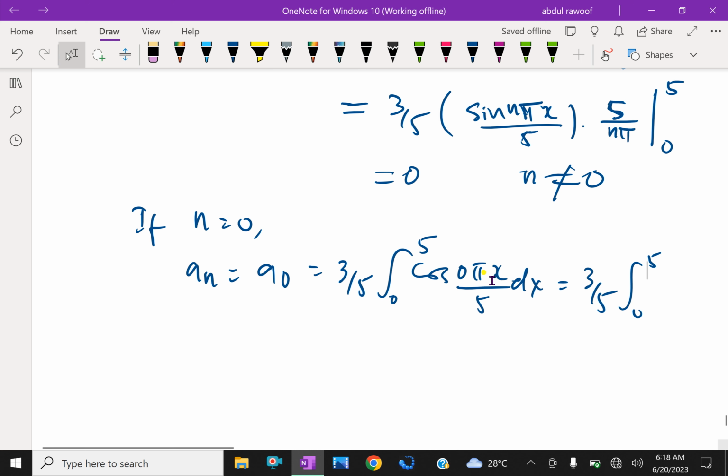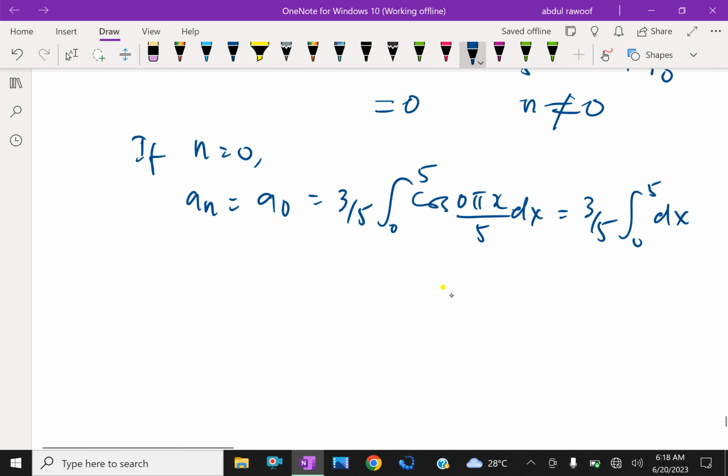Here cos 0 is 1, so 1 dx is equal to dx, which is equal to 3 over 5 into the integral of dx, which is x, with value 5, equal to 3. We got the a0 value.